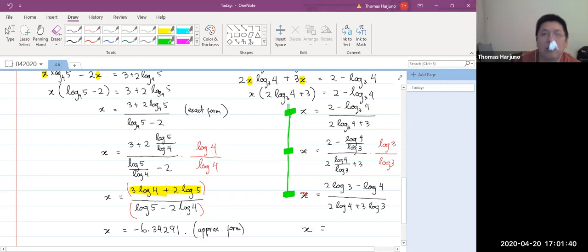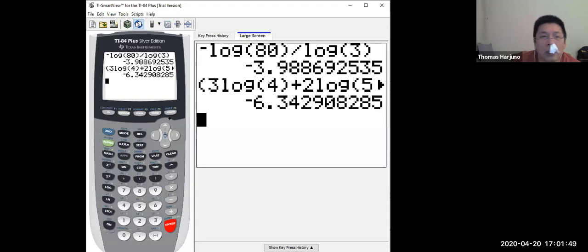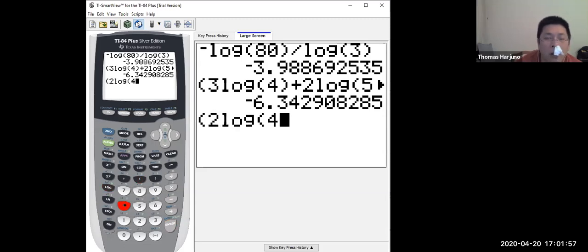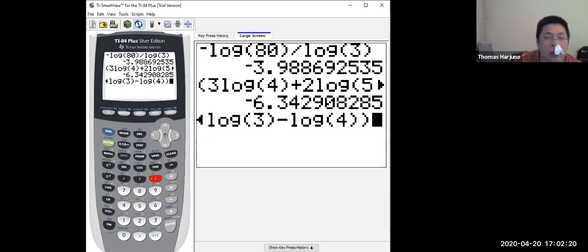Now, if I use the calculator, let's see. Then that will be parentheses for the group on the numerator: 2 log 3, close parentheses, minus log 4, close parentheses for the numerator.